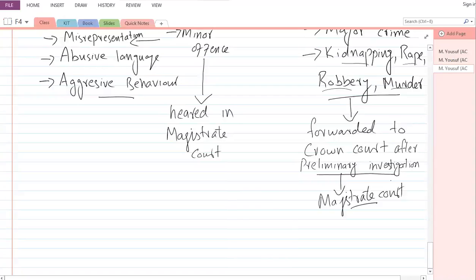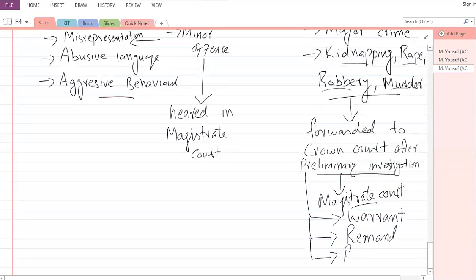So what is preliminary investigation? Preliminary investigation means initial investigation by the police. So if police need a search warrant for someone's house, they can come to magistrate court and get a warrant for indictable cases from magistrate court. They can have a remand order from magistrate court.